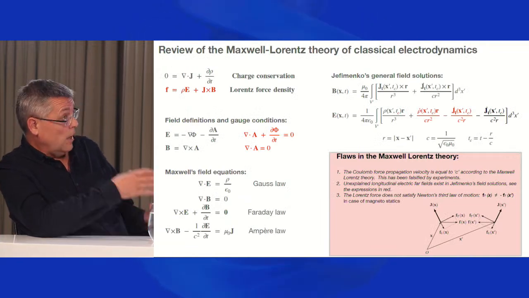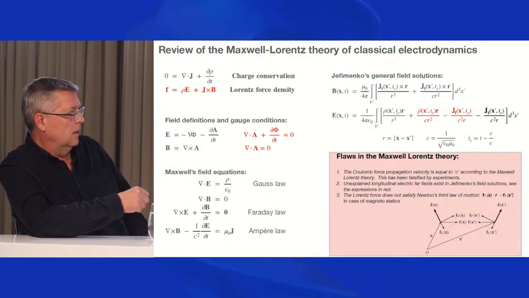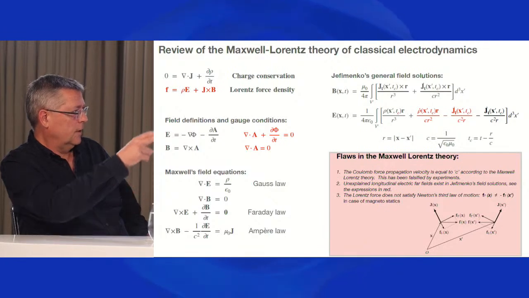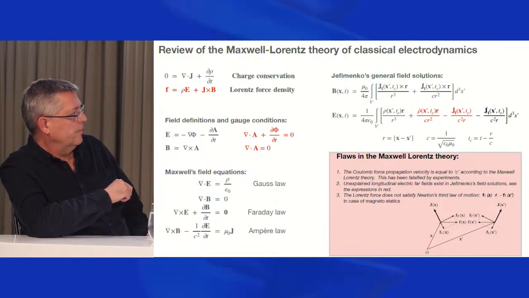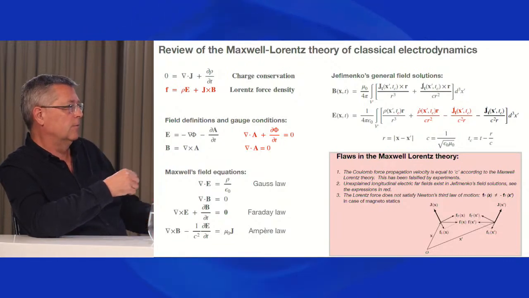So we have to review Maxwell-Lorentz theory to see if there are flaws in it. One of the flaws that you can see top down is that the Coulomb force propagation is much faster than the speed of light.